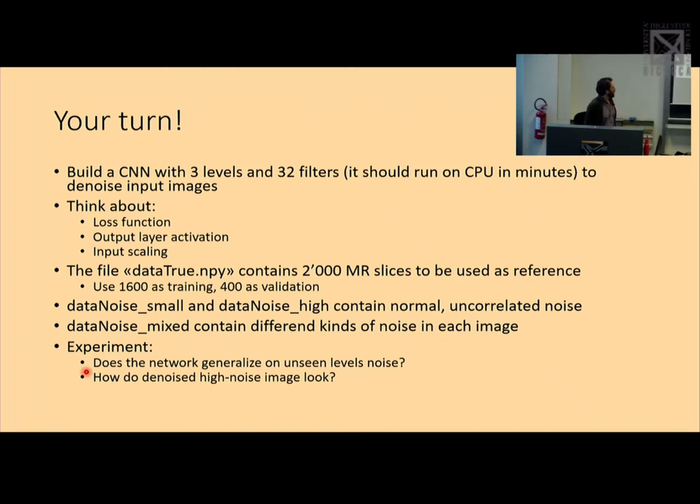And you should experiment after, when you have the first network, on different levels of noise. If you train only on one of the two levels of noise, how does the network react on the other levels of noise? And when you have a network that works on both levels of noise, you need to look carefully at how the images that started from high levels of noise look.